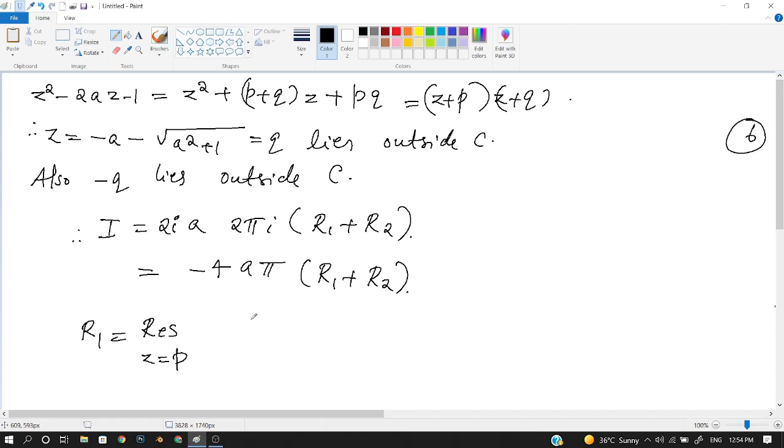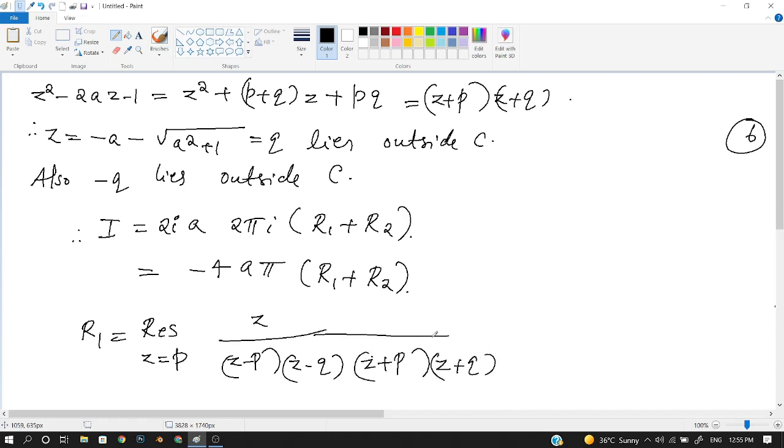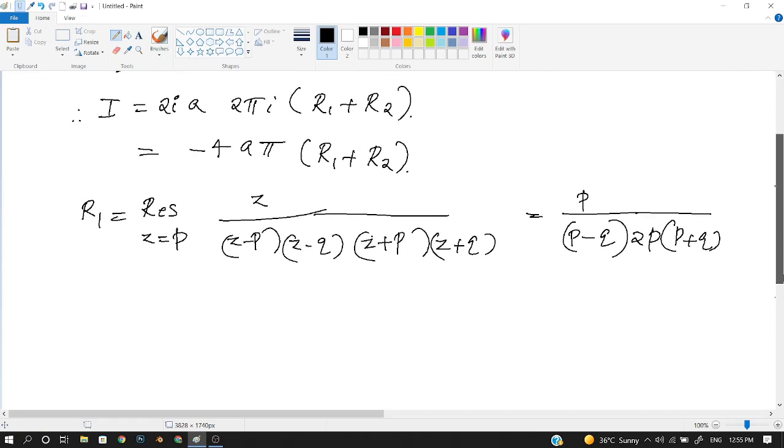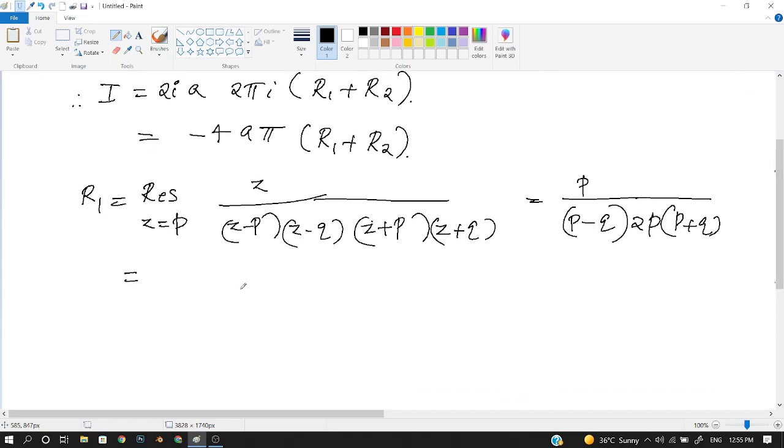So this is equal to z by z minus p into z minus q into z plus p into z plus q. So that is equal to p divided by p minus q into 2 into p plus q. Now that is equal to 1 by 2 into p square minus q square.